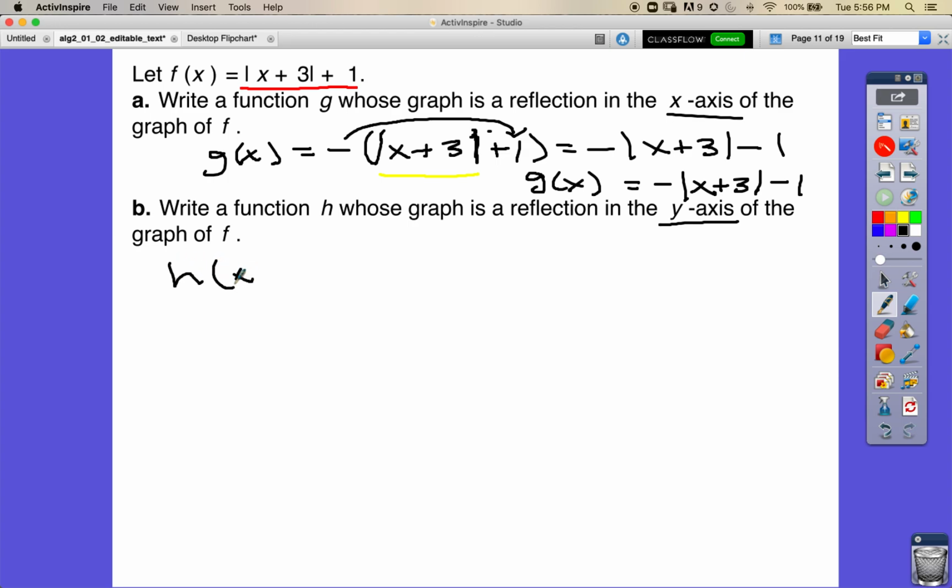H of x equals, okay, so instead of this x right here, it's going to be absolute value. It's going to now be a negative x because only that x is changed. And then we're going to write the rest of it, plus 3, close absolute value, right? And then plus 1.